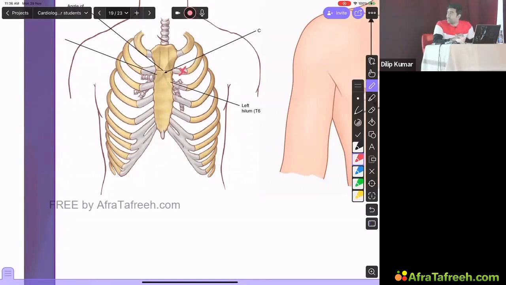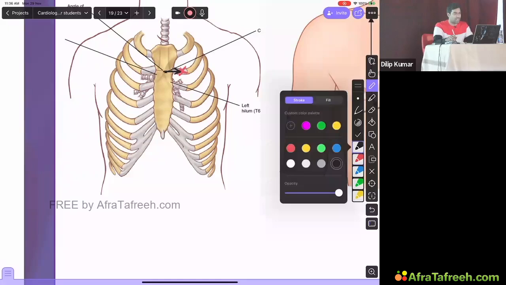It's very unclear here. So the left second costal cartilage, approximately 1.5 inch from the midline. That is 1.5 inch from the midline at the left second costal cartilage.